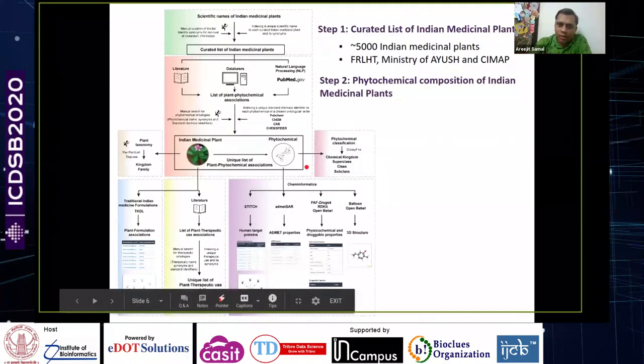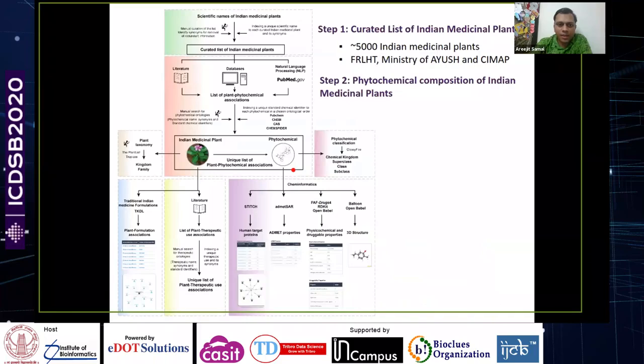I would take only 2 slides to walk you through the tedious 2-year process of generating the data set that we have as a database now in IMPACT. So the first step was to get a curated list of Indian medicinal plants. This is not simple because the plant names in the literature are quite synonymous.